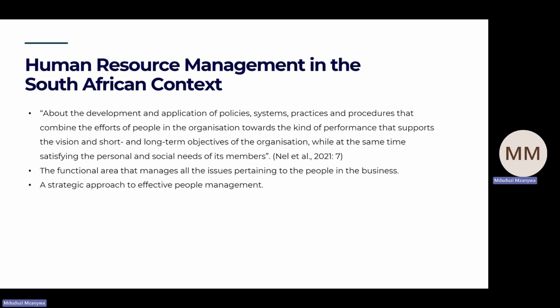The last definition is that HRM is a strategic approach to effective people management, because if you are to have a successful organization that meets its needs, be it objectives, goals, vision and mission, you would need an approach on how to manage people in such a way that they remain members of the organization, that they are committed to the organization, and that they would want to give their most to the organization, while obviously they are gaining something, and the organization also gains something.